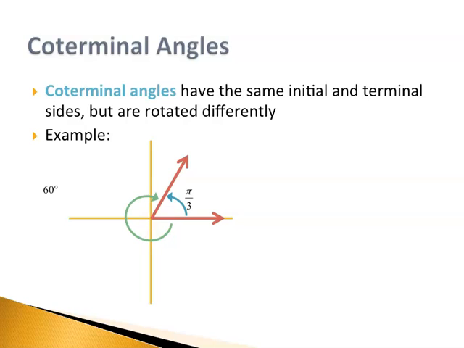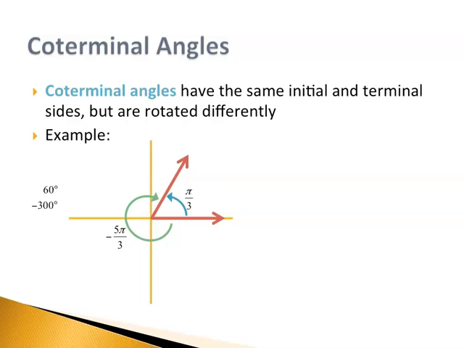If you want to think about it in degrees, since you may still be more used to degrees than radians, think: how many degrees do I need in order to reach 360 degrees? If 60 degrees is already accounted for here, then it must be 300 degrees, but it's going to be negative because we are rotating clockwise. So this is, in radians, negative 5 pi over 3, or in degrees, negative 300 degrees.